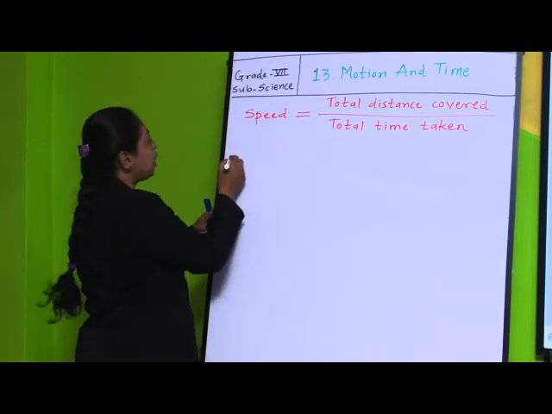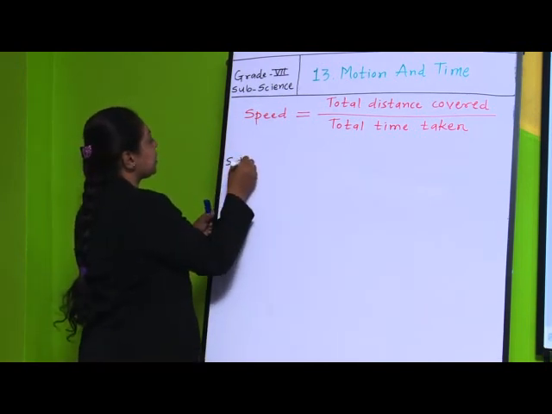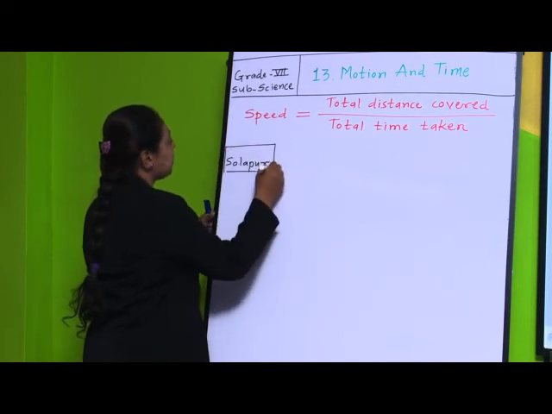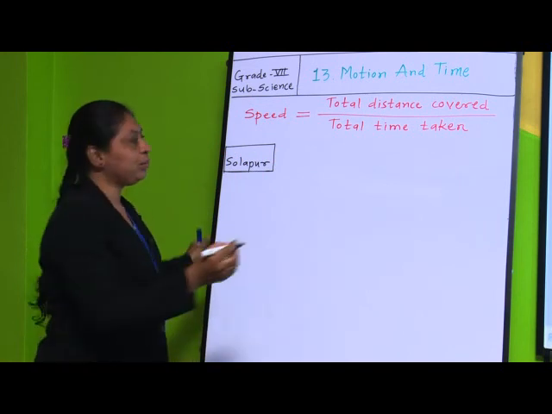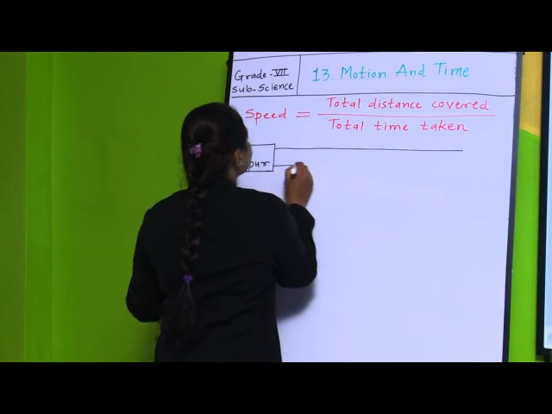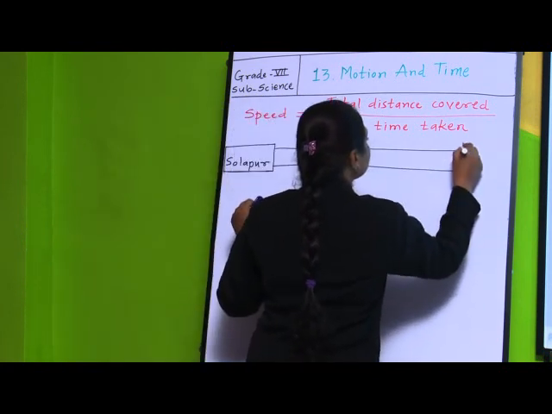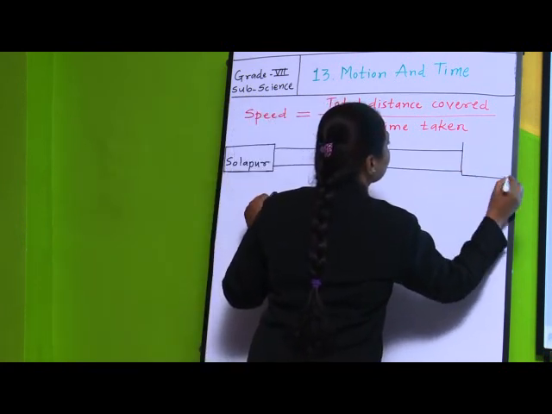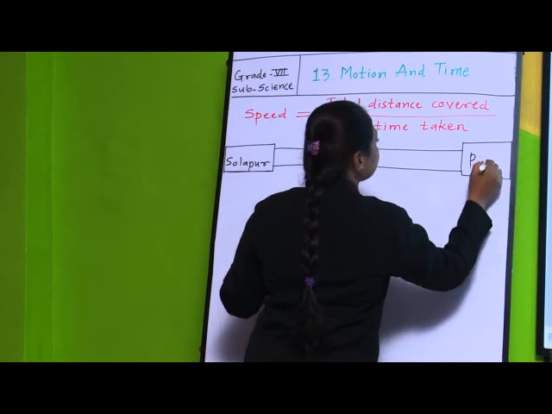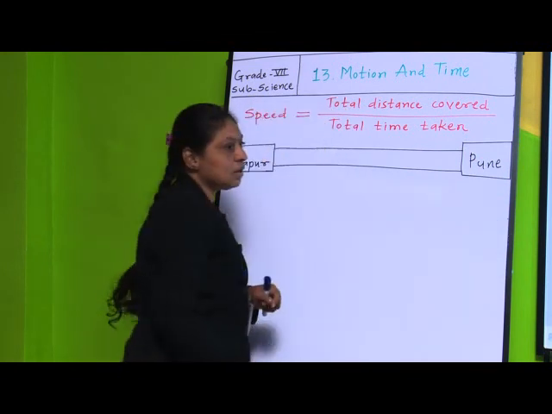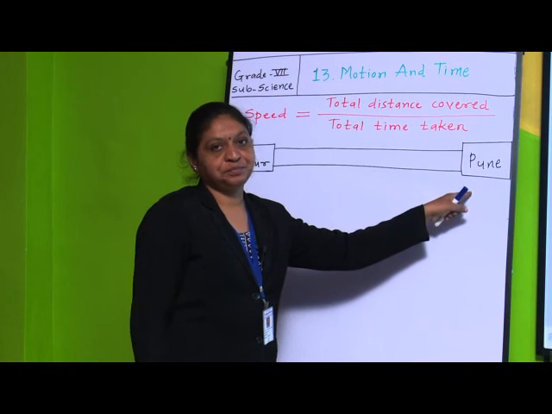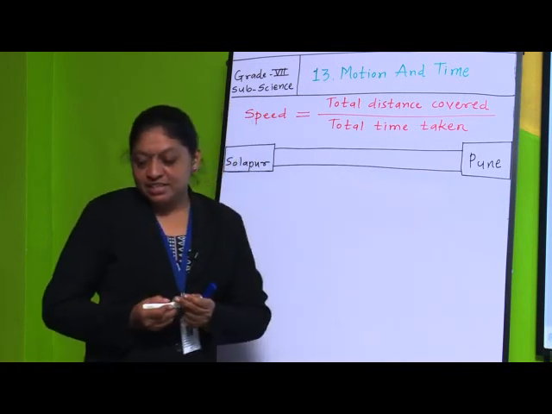Suppose this is Solapur, and from Solapur a car is going to reach Pune, and suppose here it is a car.